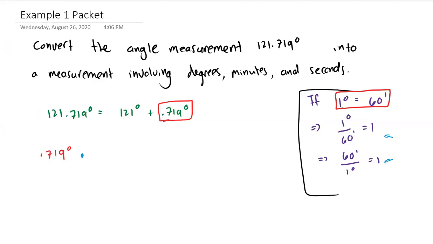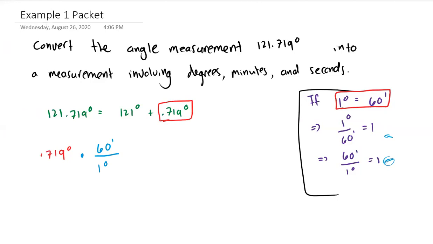Right? So remember, canceling happens when you have something on the top divided by something on the bottom. So I'm going to choose this one here. I'm going to multiply this by 60 minutes over 1 degree. I'm not changing what this is because, as we saw here, 60 minutes over 1 degree is equal to 1.